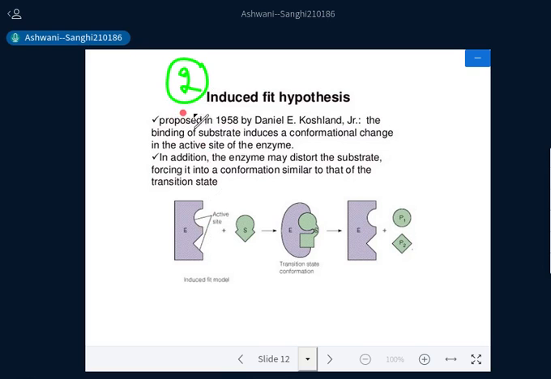So the second hypothesis, the induced fit hypothesis, was given by Daniel Koshland in 1958.